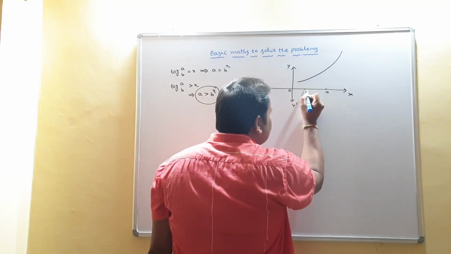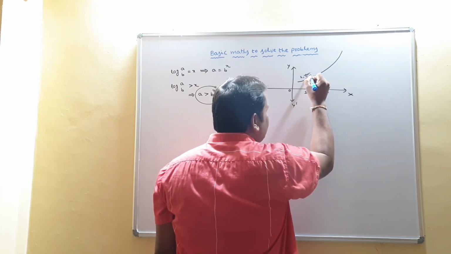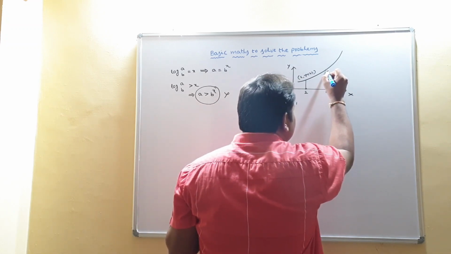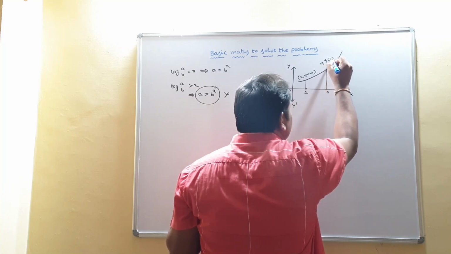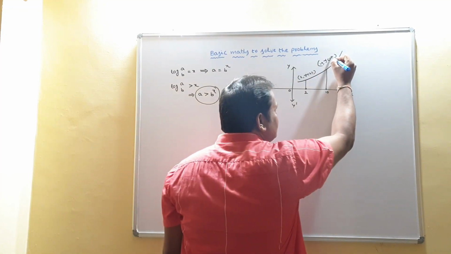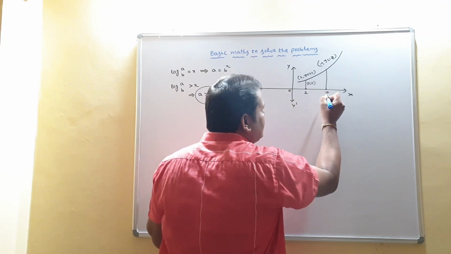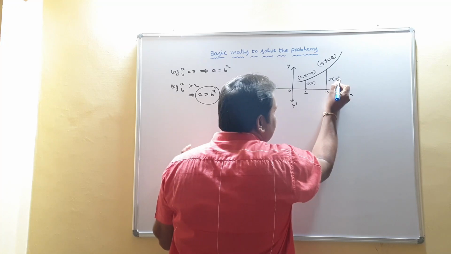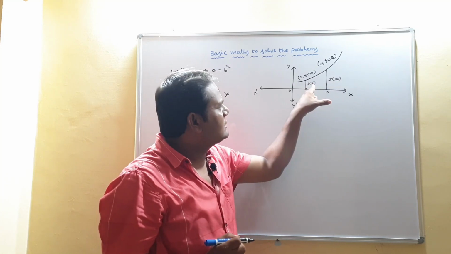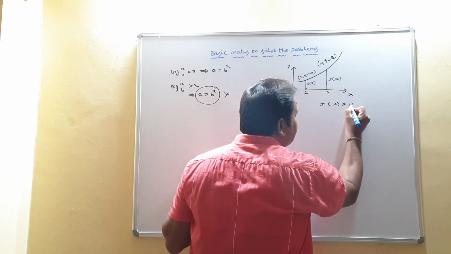At 2, the functional value is f of 2, so it is (2, f of 2). At 10, the functional value is (10, f of 10). Once you observe this, is f of 10 greater than f of 2? Yes. So here f of 10 is greater than f of 2.